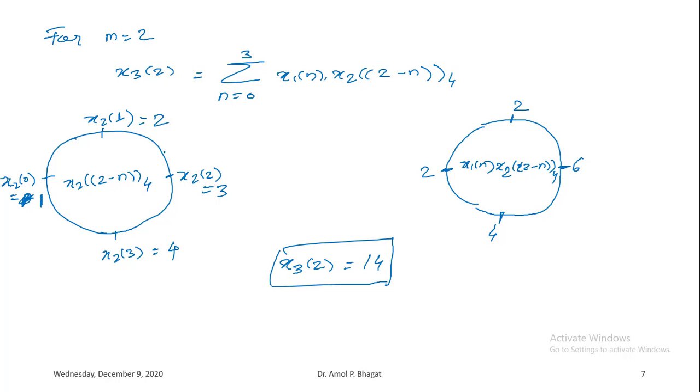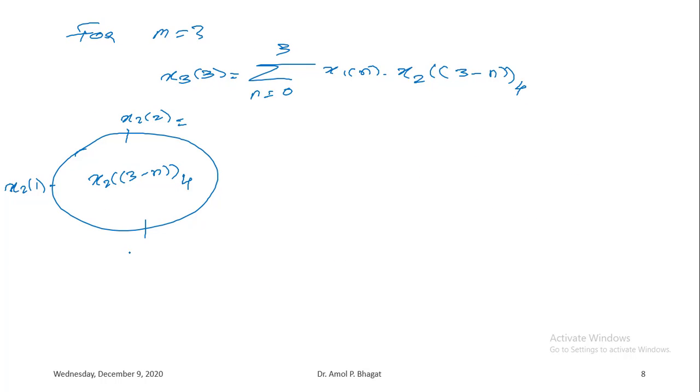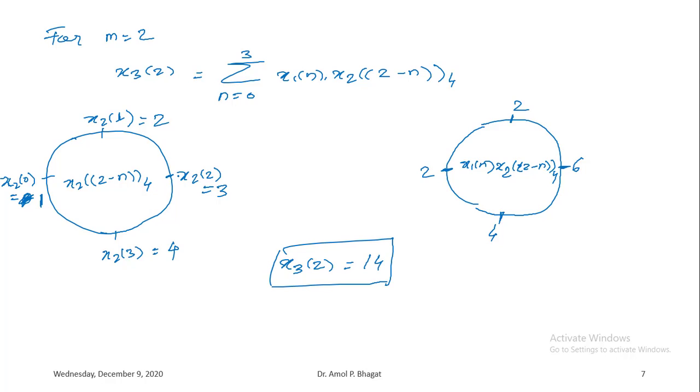So this x2 of 2 will be at this position, okay? So x2 of 2 will be here, right? Then x2 of 1 will be here, right? Then it will be x2 of 0, right? x2 of 0 will be here, and in this case x2 of 3 will be here.